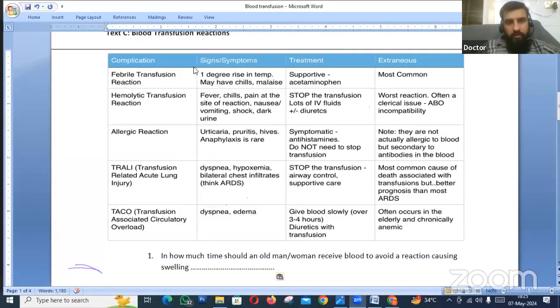Very good. So most of you are getting it correct. Excellent.